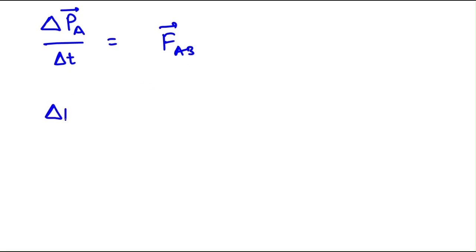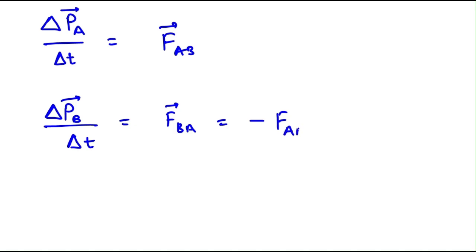The same argument continues for body B, where delta PB divided by delta t will be the force on B due to A. And we know that this FBA is nothing but minus FAB, equal in magnitude and opposite in direction.